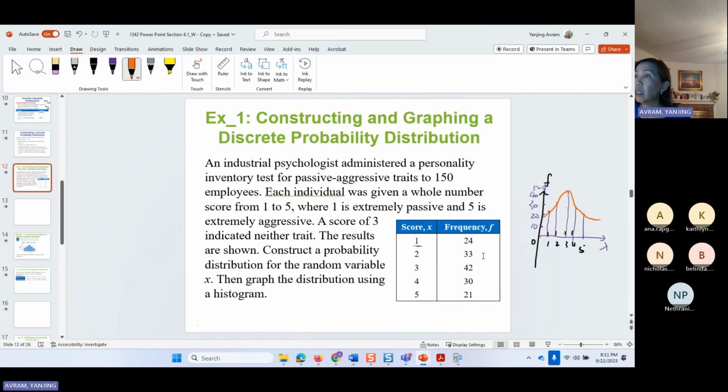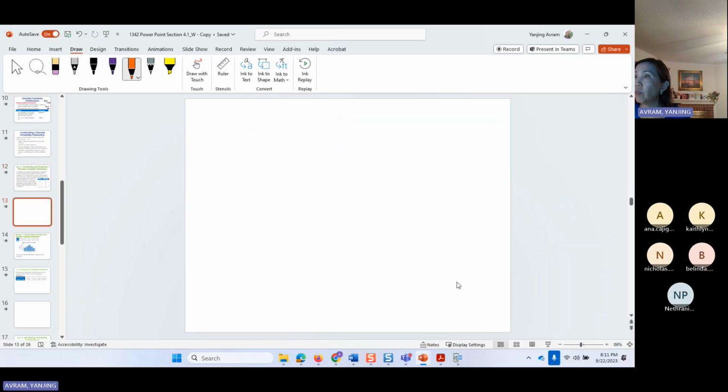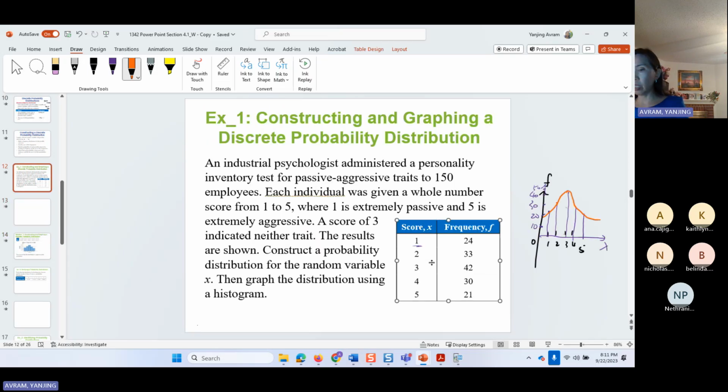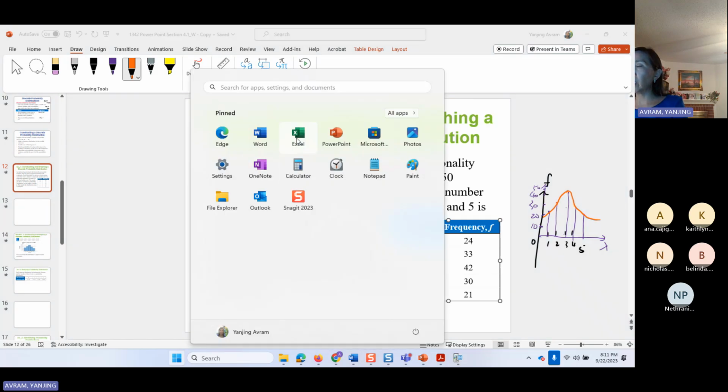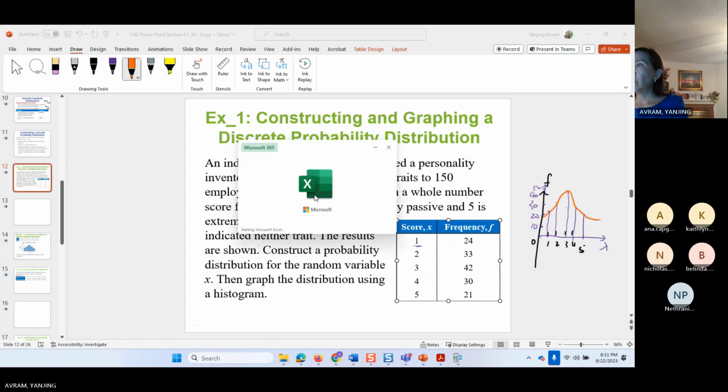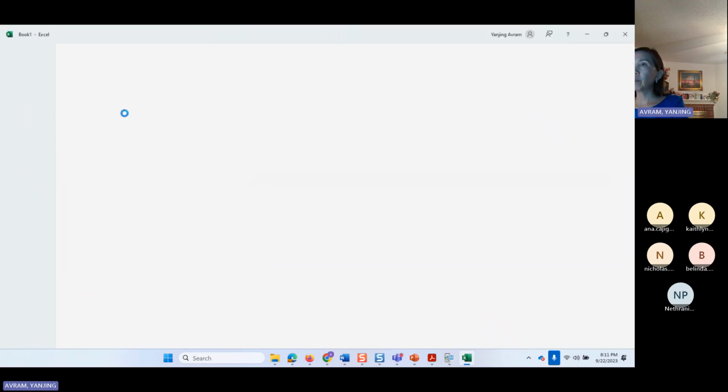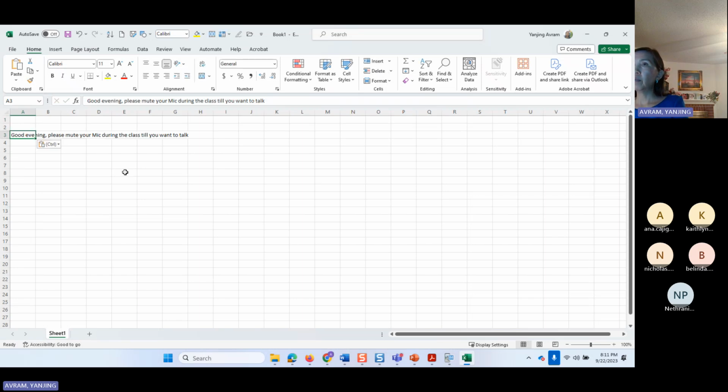Well, this probability is kind of like the percentage, right? So if I have this table, what is my probability? Well, you can copy this table in here, okay? And then we can make a little bit of frequency calculation, okay?